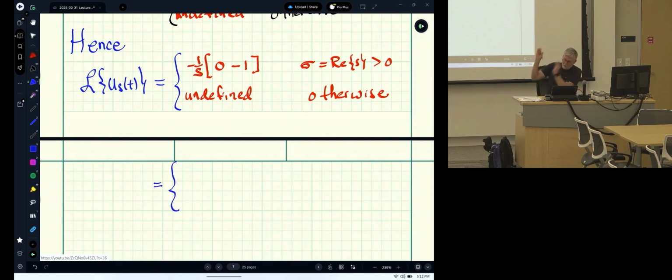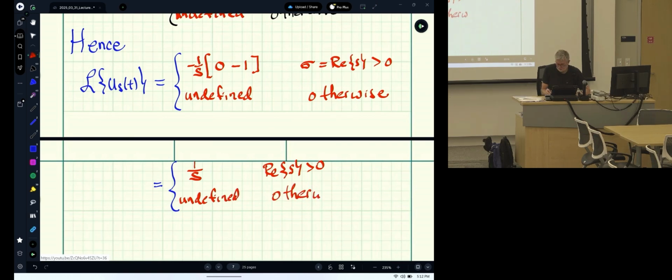So we're being super careful, super fussy, and pretty soon we will stop being that. But a minus times a minus is a plus. So that's 1 over s, real part of s positive, undefined otherwise.